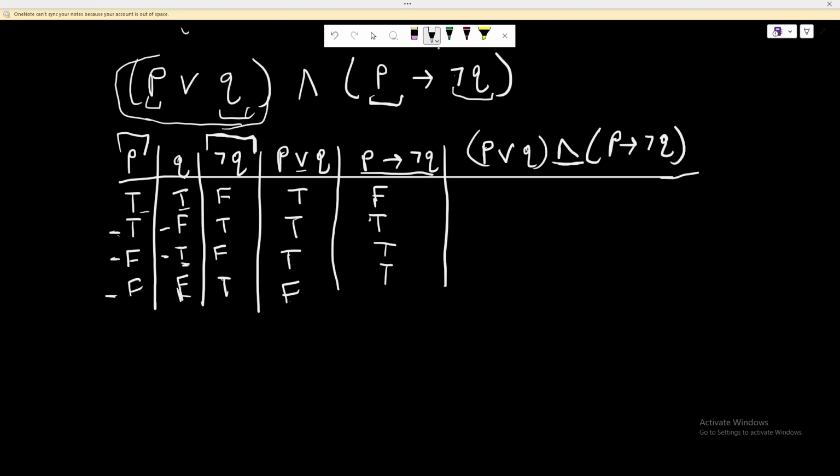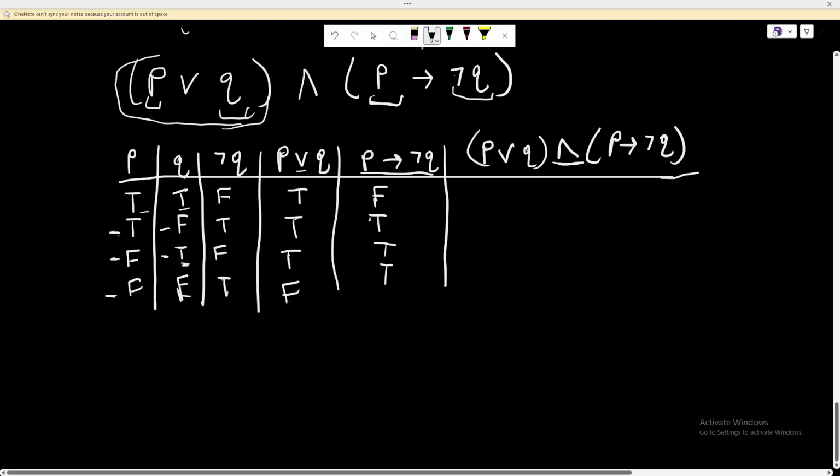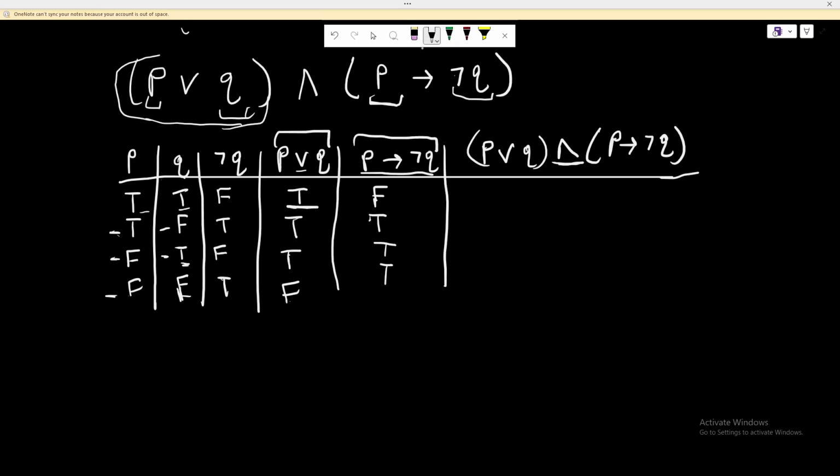So P or Q, let's look at that one first. And let me erase these so we can know what we are looking at. So we are looking at this column and this one. So the first row would be true, and then the second has to be true as well, but it's not, so that would be false. And then we'll look at the second row, the first part is true, and the second part is true, and that makes it true.